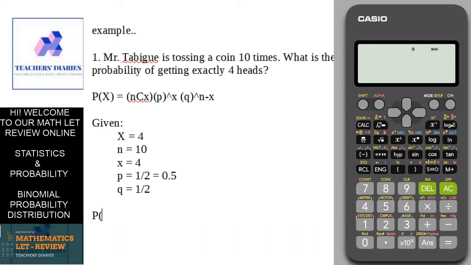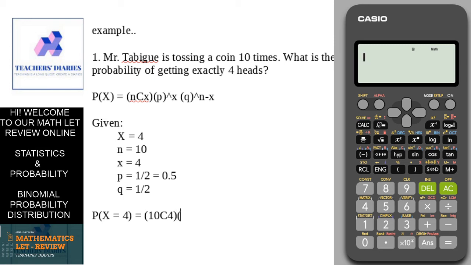So we got P of X, that would be equal to 4. Now N, that would be 10. Then the combination, don't get confused on the small letter x and the capital letter X. In this case, it's just the same, but in other problems, it would be a different thing.